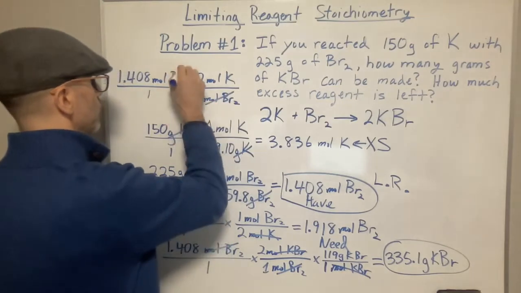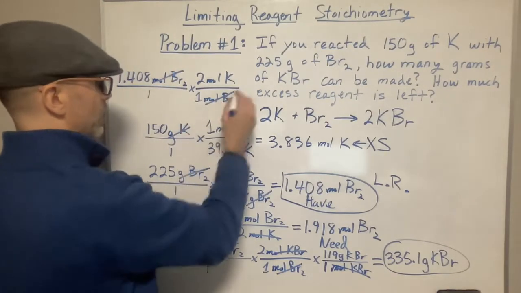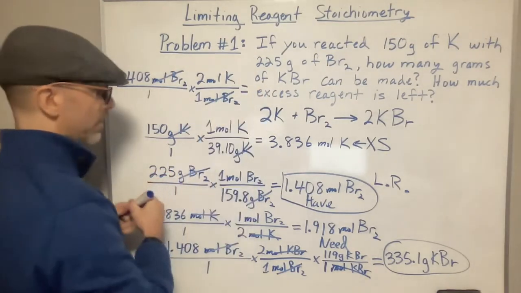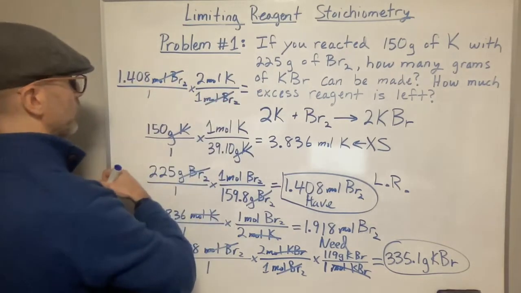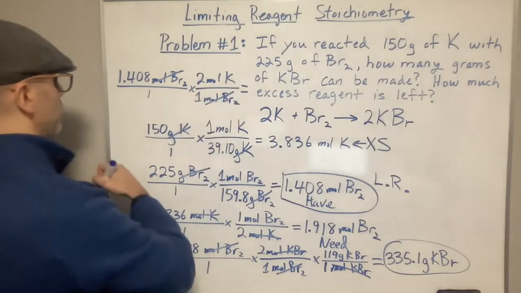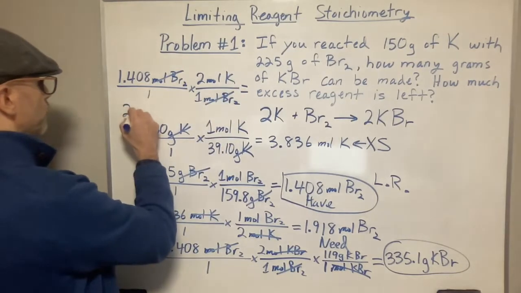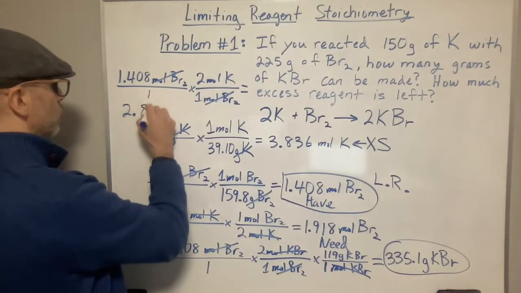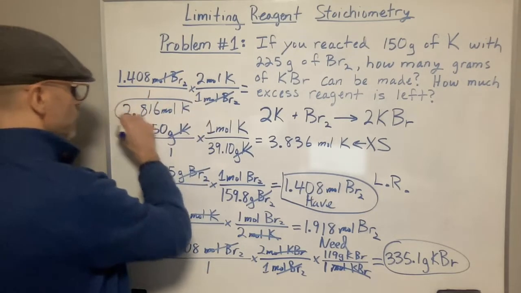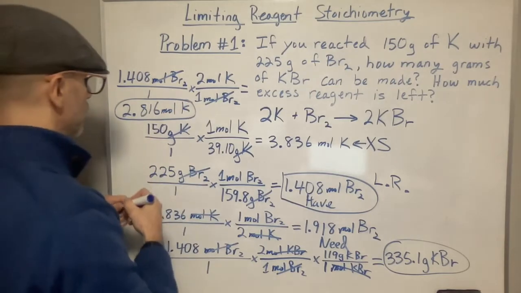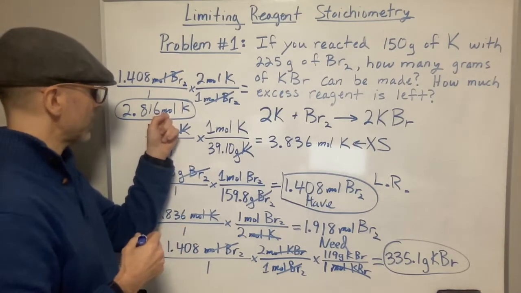So moles cancel out, and now I can calculate that. The number of moles of potassium is going to be 2.816 moles of potassium. So that is the amount that is needed.